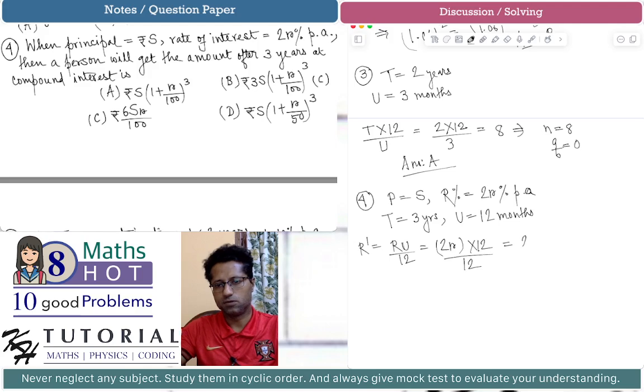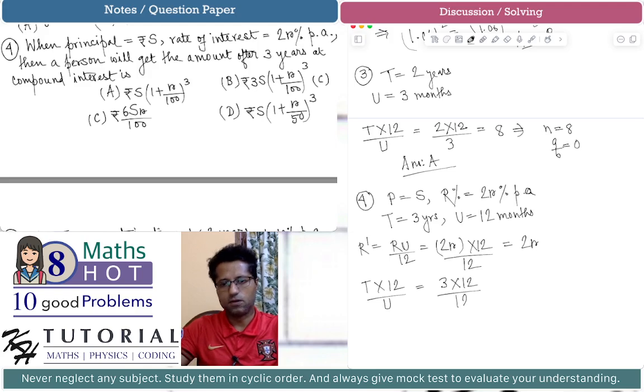So this is equal to twice small r. And to find small n and the fraction a by b, we need to compute t multiplied by 12 divided by u. T is given to be 3 years, multiplied by 12, and u is also 12. So this is equal to 3, an integer.